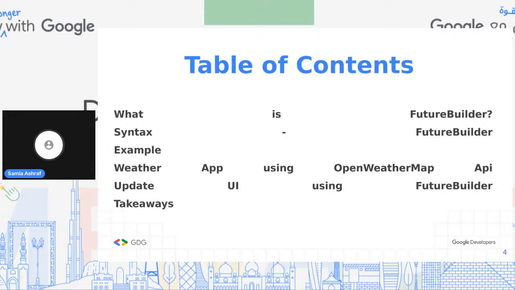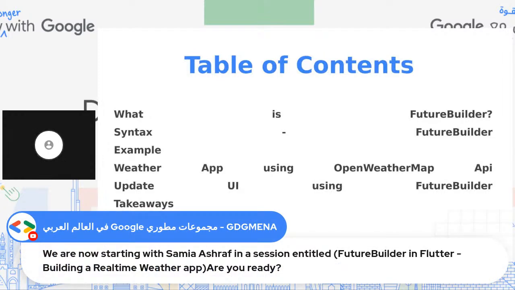So what is Future Builder? We will discuss Future Builders in Flutter, what they are and why we need them. We will understand better with a syntax that explains the different parts of a Future Builder widget. So Future Builder is actually a widget, and we will discuss the syntax.